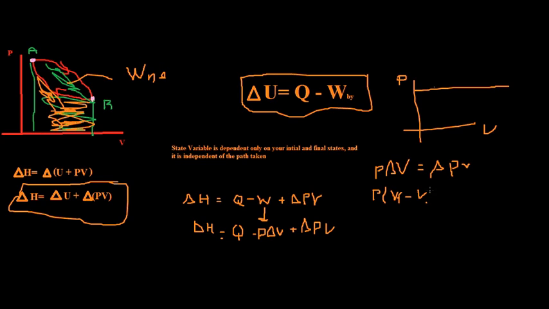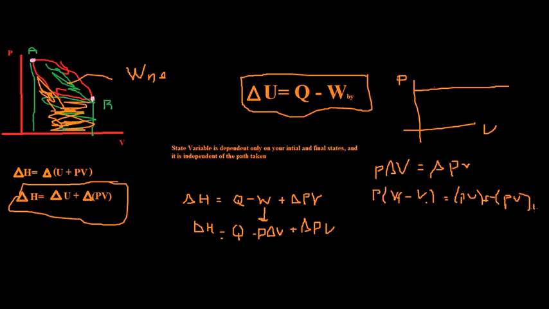And change in PV could be written as PV final minus PV initial.